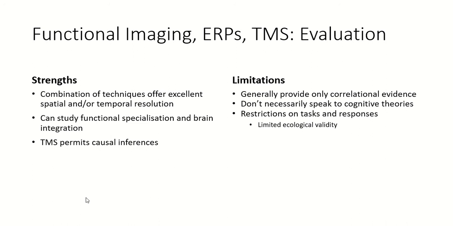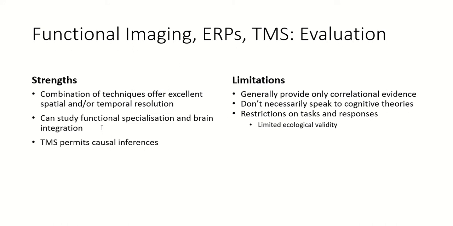TMS is nice because it permits causal inferences. We're trying to manipulate the brain and then study behavior. And all of this helps us study what parts of the brain are involved in what different kinds of functions. And knowing more about that can help with rehabilitation, with teaching, with learning, and any of those kinds of things.